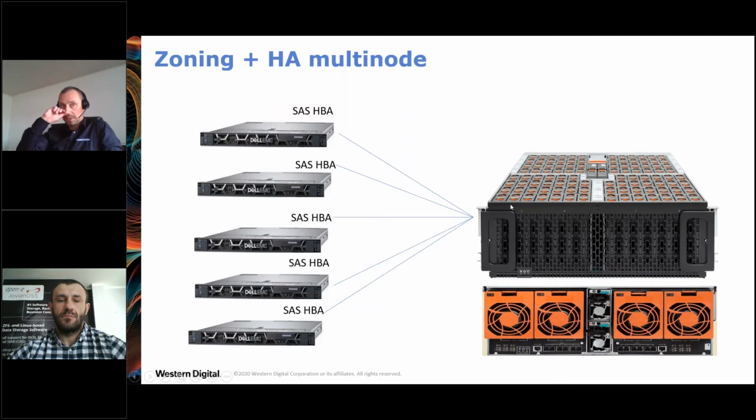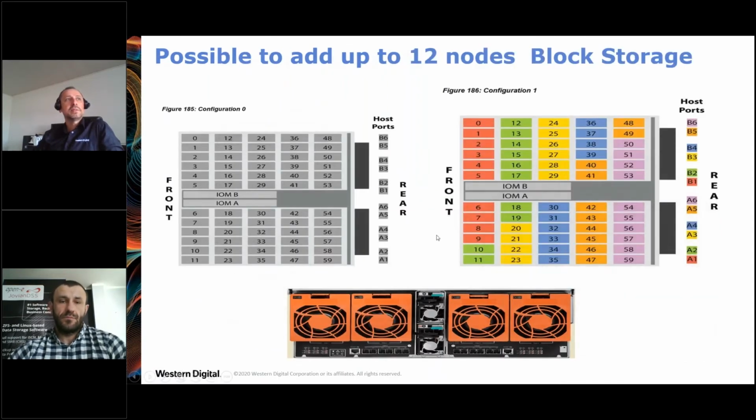Well, there are many possibilities, which we will show in the live demo also, how OpenE is handling, right? So the standard configuration is, we have, by the way, 12 SAS ports on the back, which are going to highly available or redundant IO modules. And each of those SAS ports has access to all drives in the standard configuration.